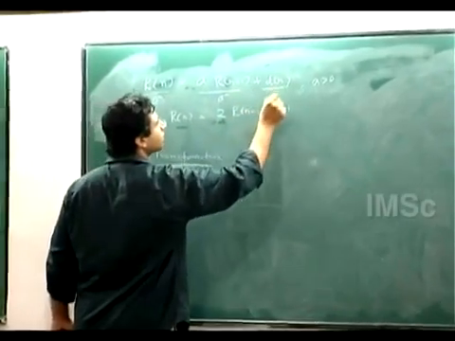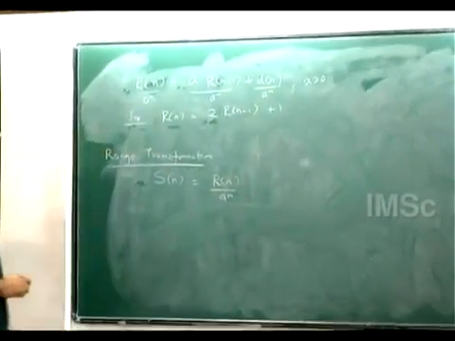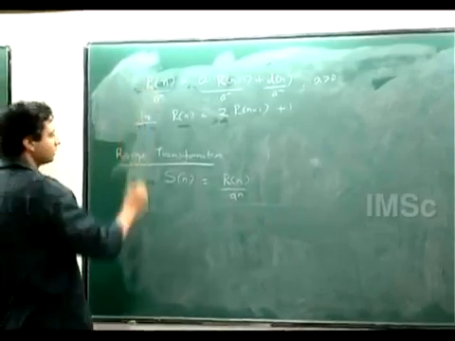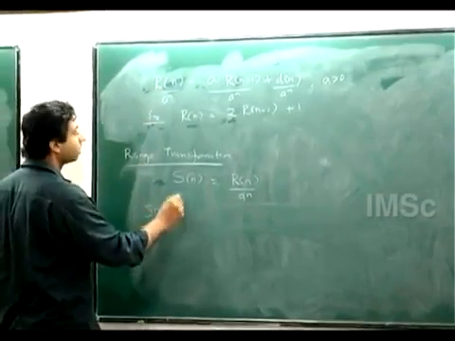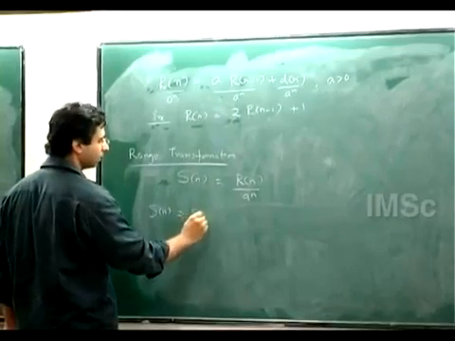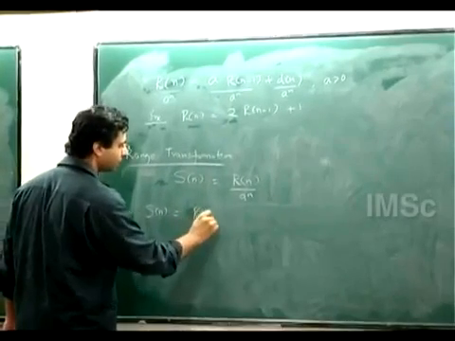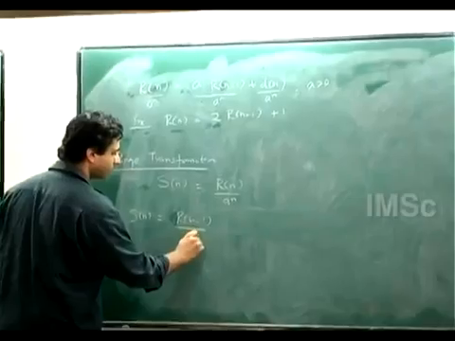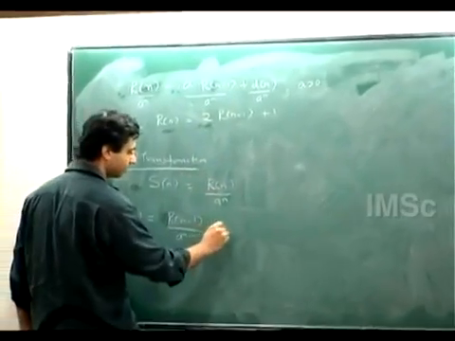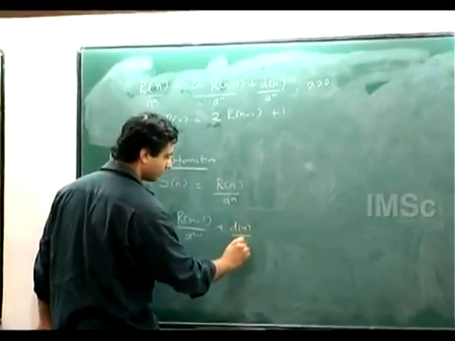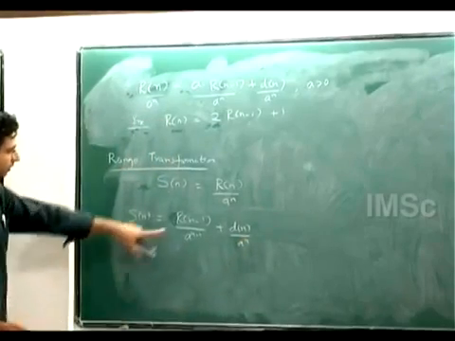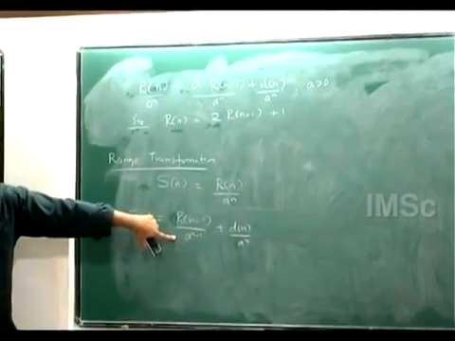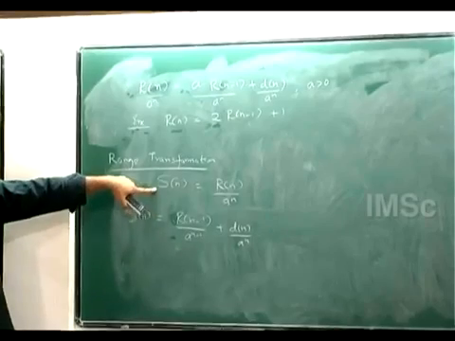This is S of n, this is R of n minus 1 upon a raised to n minus 1, and that is just the driving function. But what is this term? That is just S of n minus 1 by definition.